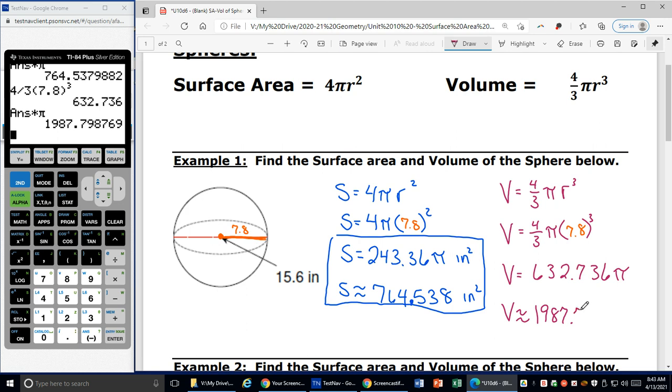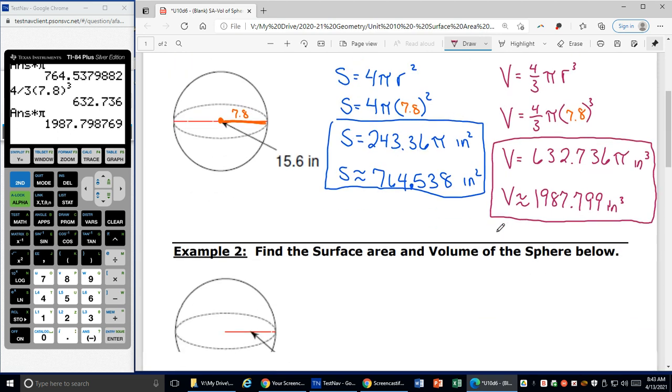So 1,987.79 9. And these are still inches, but now they're inches cubed. So here is my volume of this sphere.